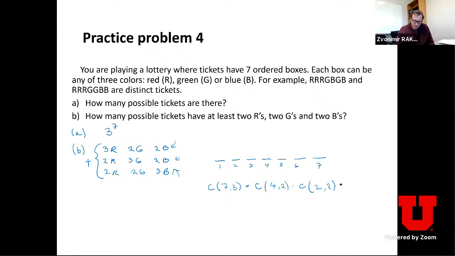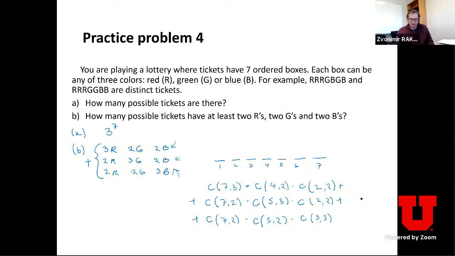The second row, we have plus. Plus is almost identical. We are choosing 2 out of 7 times choose 3 out of 5 times choose 2 out of 2, plus the third row, we are choosing 2 out of 7 for R's times we are choosing 2 out of 5 for G's, and then we have 3 B's with 3 leftover slots, and that's it.